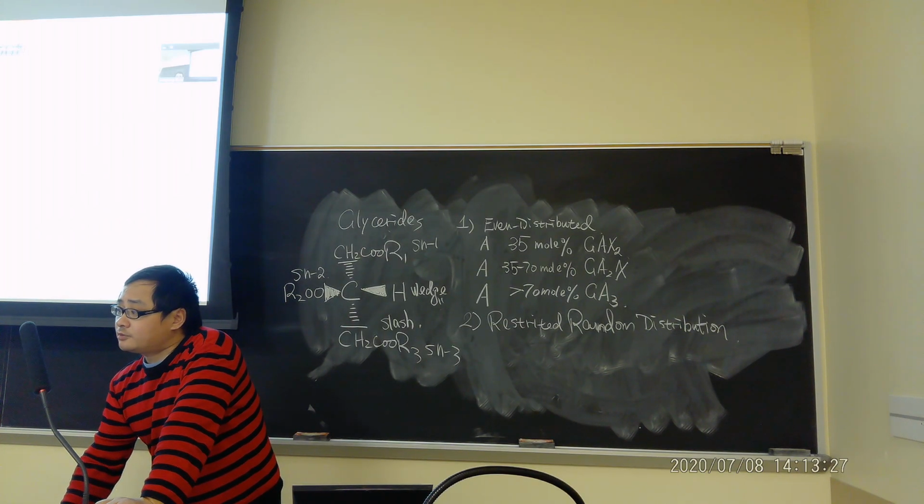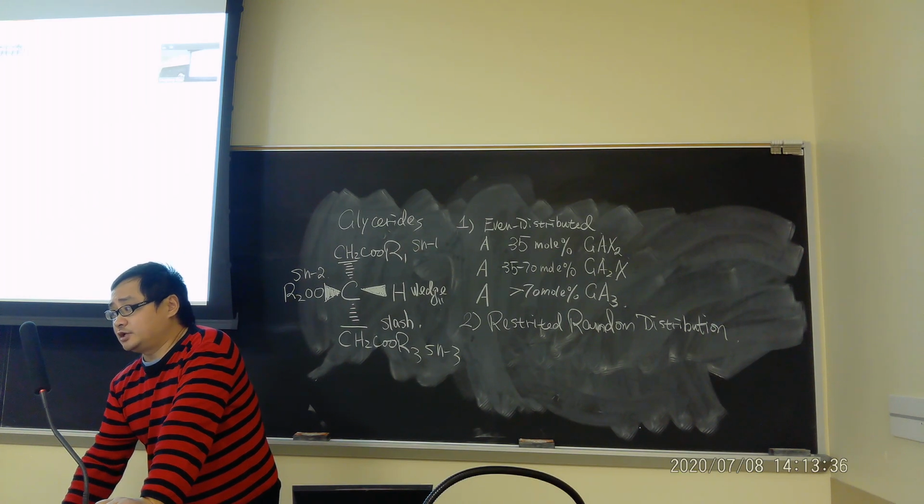But how about cocoa butter? Another vegetable oil. It's opposite. For cocoa butter, position 1 and position 3 are dominant with stearic acid and palmitic acid. If you add them together, SN1 and SN3 are almost 84 to 88% saturated fatty acids. And it's very interesting to see.